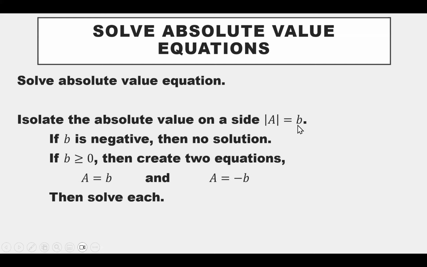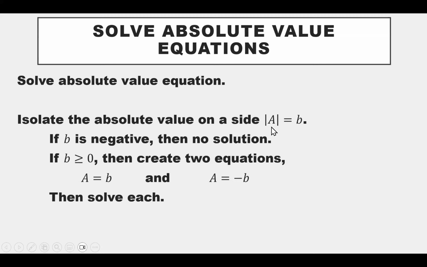Now, if this real number b on the right-hand side of this equation is negative, we know the absolute value of any number is non-negative. So if b is negative, then this absolute value equation has no solution.